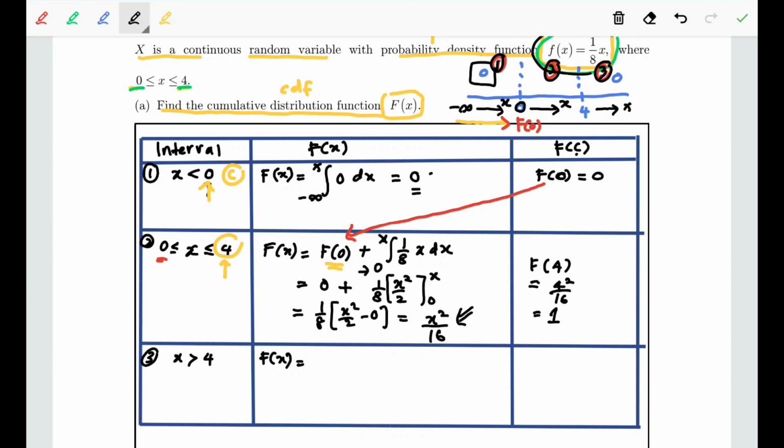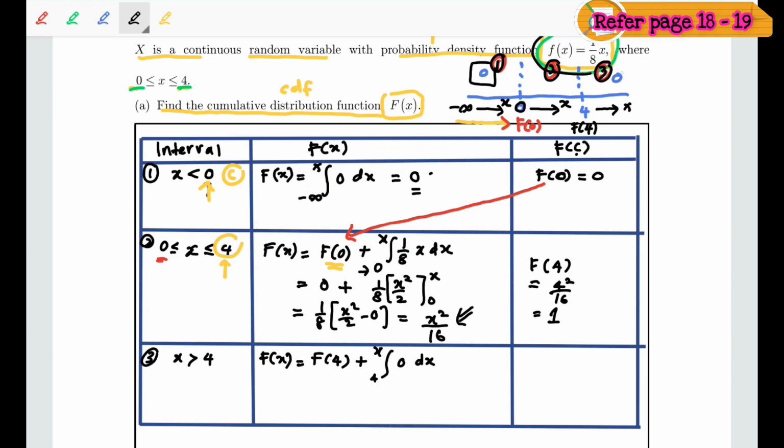But you have to remember that before entering this third interval, you have accumulated from the starting point, and the accumulation from the start until 4 is f of 4. So we start with f(x) equals f of 4 plus the integral from 4 until x of the function 0.